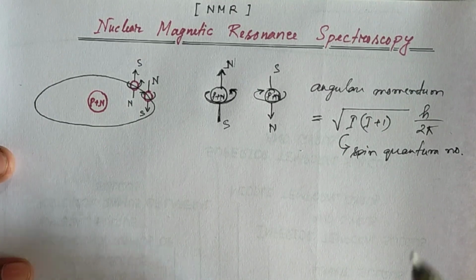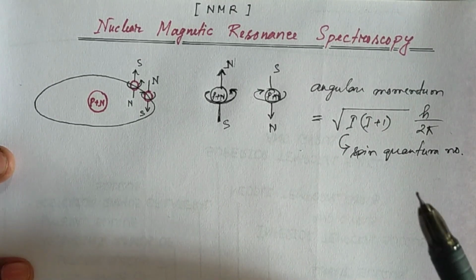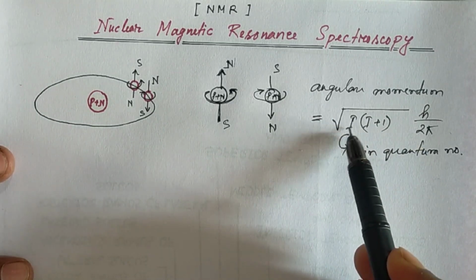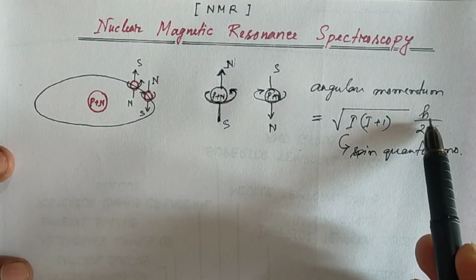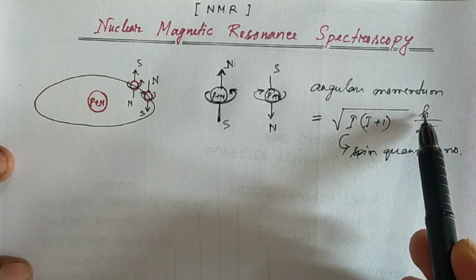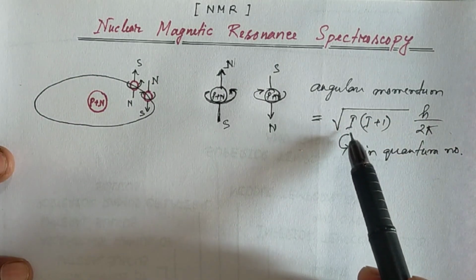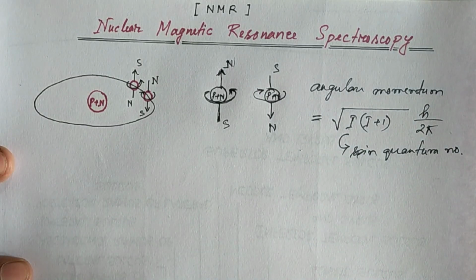Due to the spinning, there will be an angular momentum, which we can write as angular momentum equals root over I into I plus 1, into h upon twice pi. Here I is the spin quantum number.